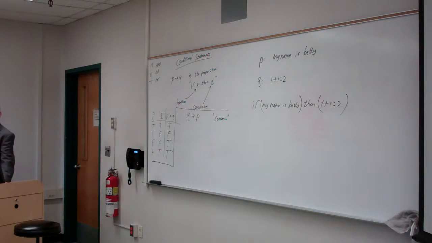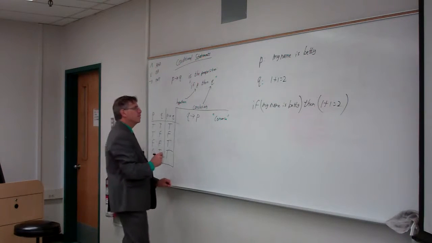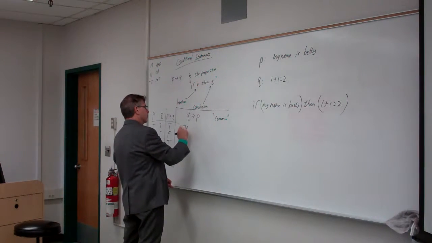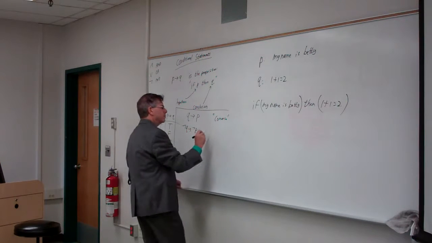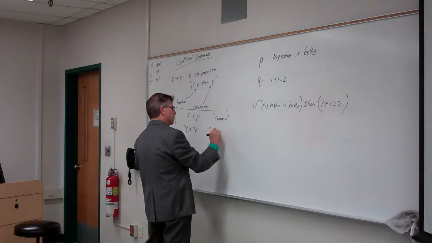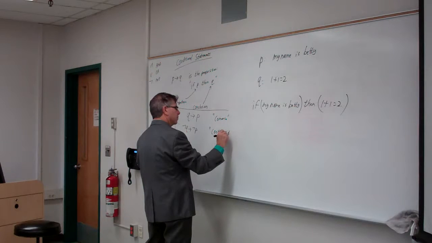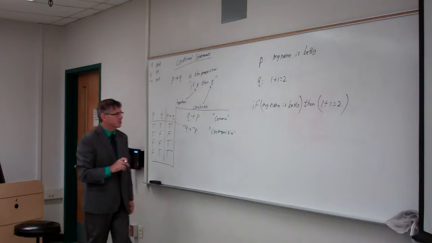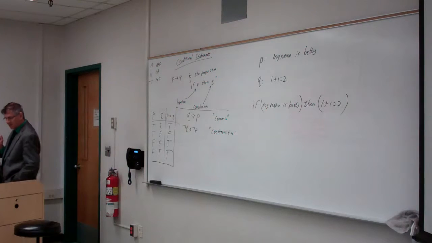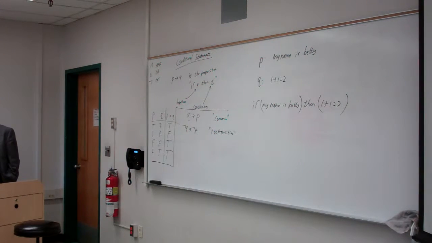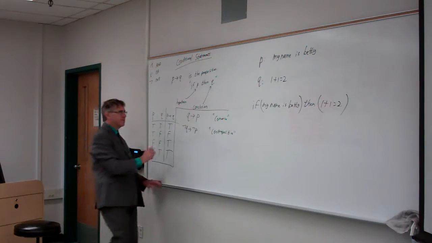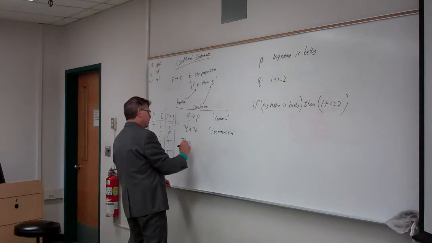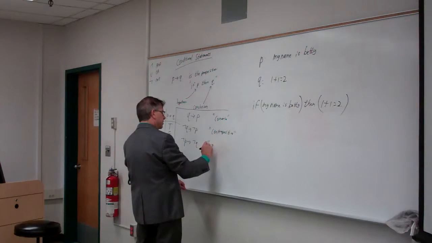That's the converse of that statement. We have something called a contrapositive, which says if not Q, then not P. And finally, if not P, then not Q, that's the inverse.